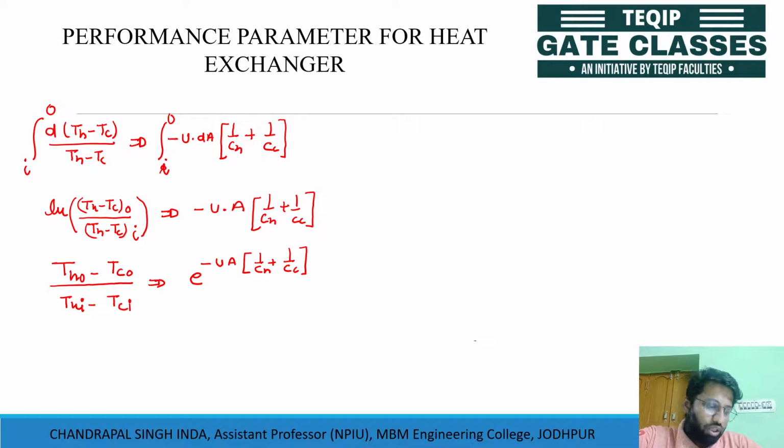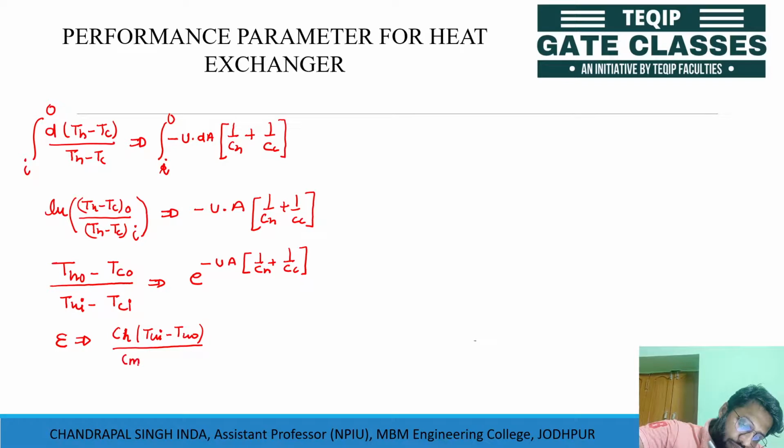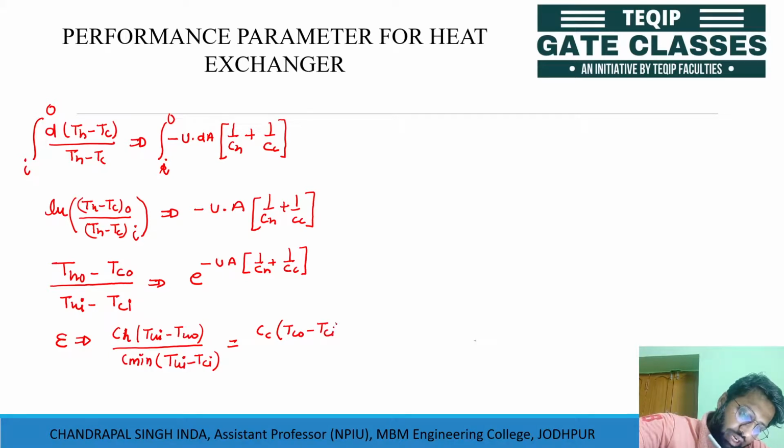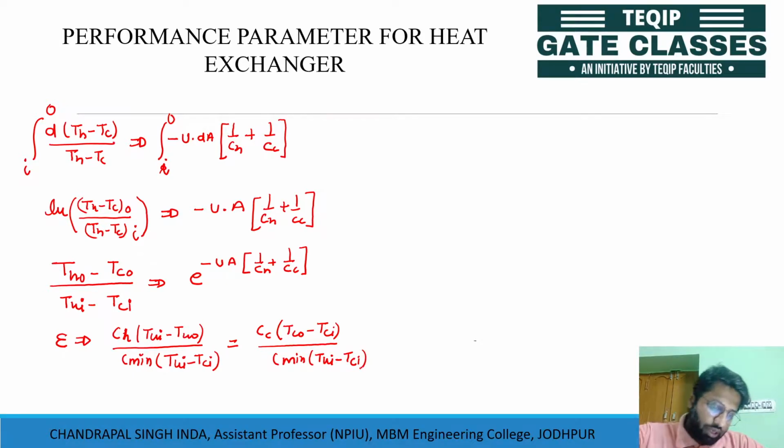So the outlet temperatures of the hot and the cold fluid can be found by the formula that effectiveness is equal to Ch (T hot inlet minus T hot outlet) divided by C minimum (T hot inlet minus T cold inlet) for the hot fluid, and for the cold fluid it will be equal to Cc (T cold outlet minus T cold inlet) divided by C minimum (T hot inlet minus T cold inlet).